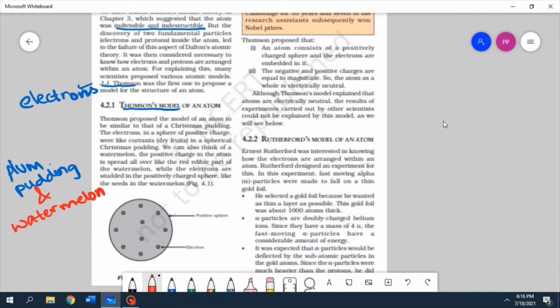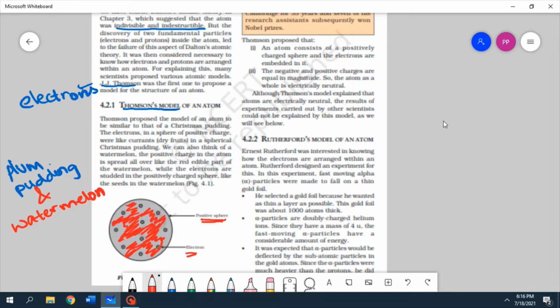If you imagine a pudding, this would be the actual pudding, the positive particles, and the electrons would be the dry fruits in the pudding. That's why it's called the plum pudding model. And if you take the watermelon model, if you imagine a watermelon, the positive sphere is the red part of the watermelon, right?